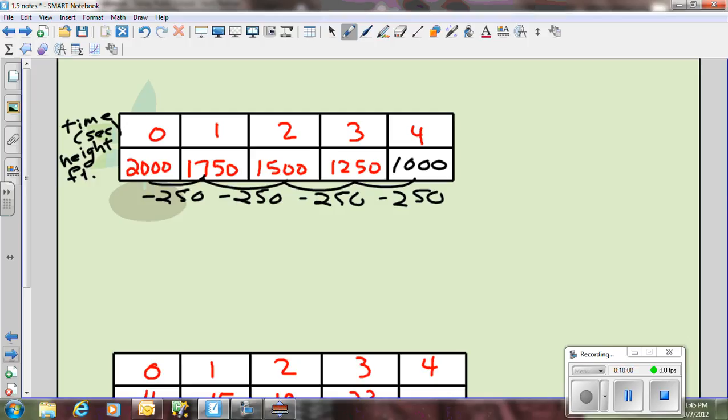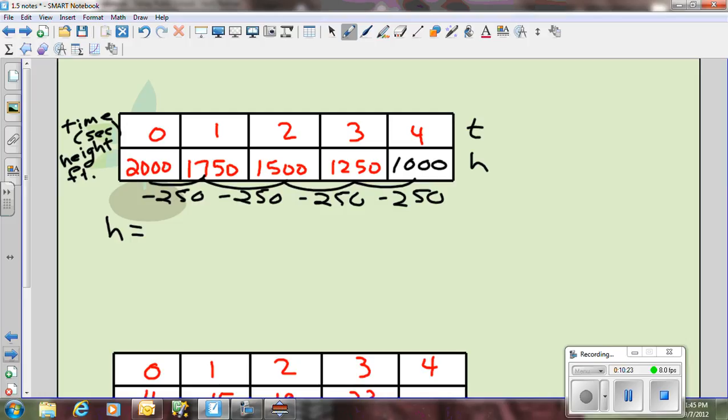Now, if I let time be t and height be h, I want to write an equation to represent that table. Okay? So I'm going to say h equals t times 250 minus 2,000. Close.